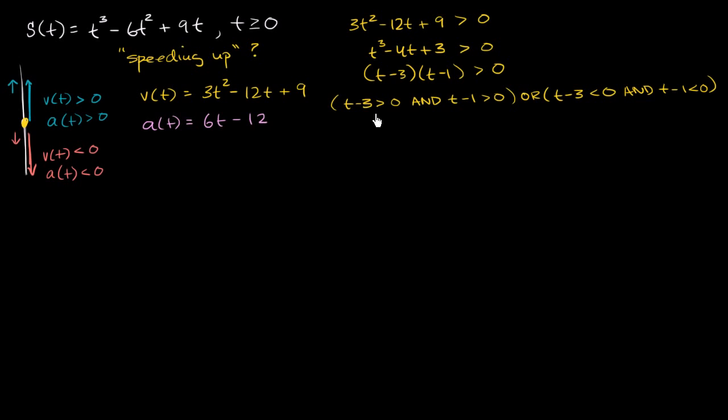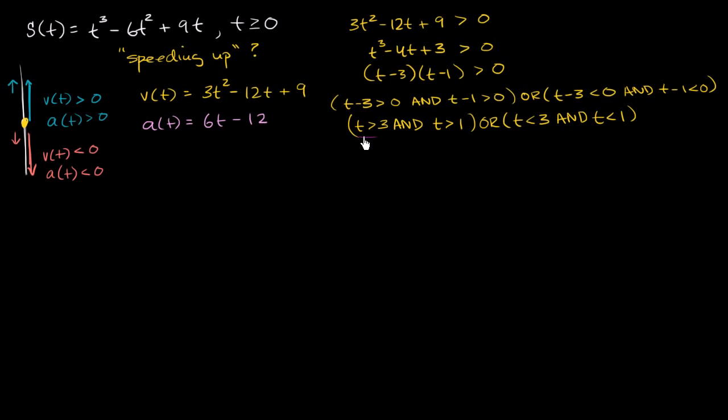So let's work through this. If you add 3 to both sides here, you get t is greater than 3, and add 1 to both sides, t is greater than 1. So that's one case. Or add 3 to both sides here, t is less than 3, and add 1 to both sides here, t is less than 1. Now we could simplify these further.